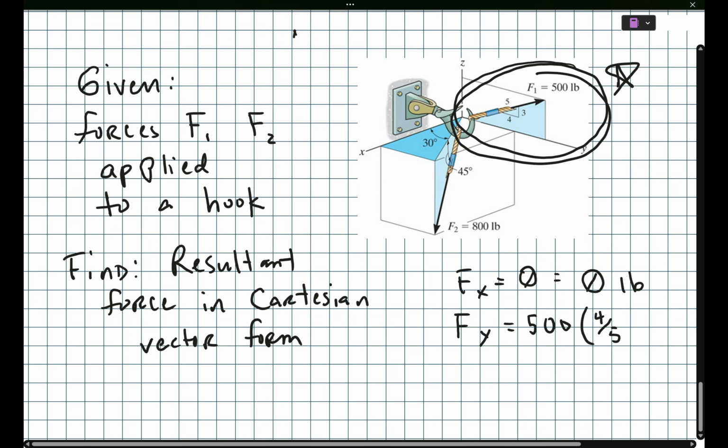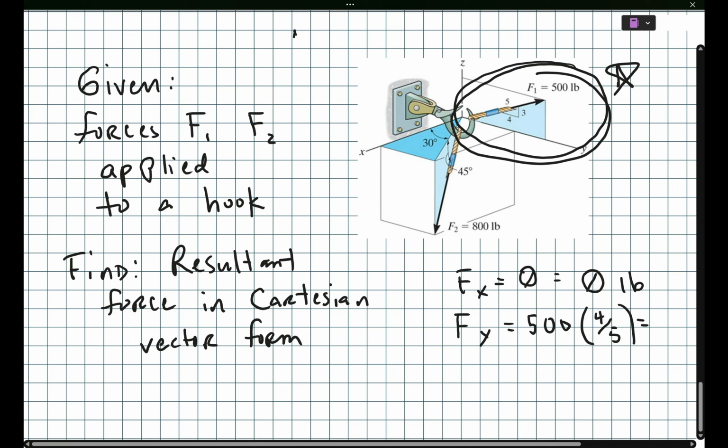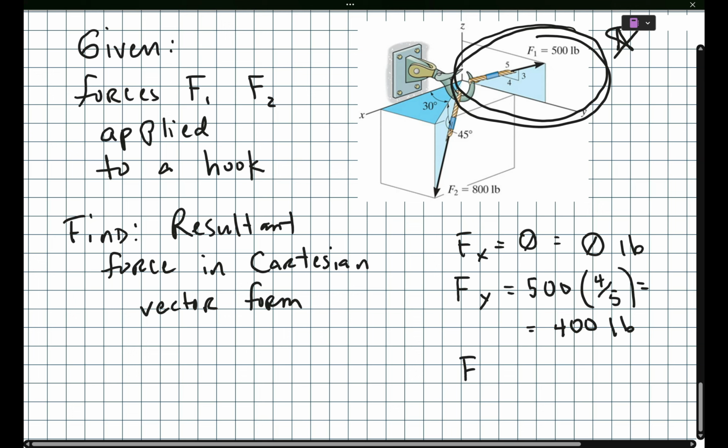That's the adjacent over the hypotenuse, because we're looking at that y, right? Crunch those numbers in your calculator, you get 400 pounds. And then we can look at F sub z, and that's going to be 500.